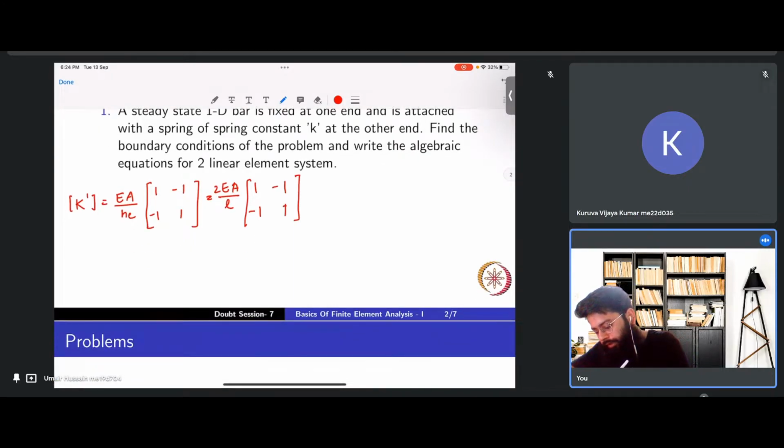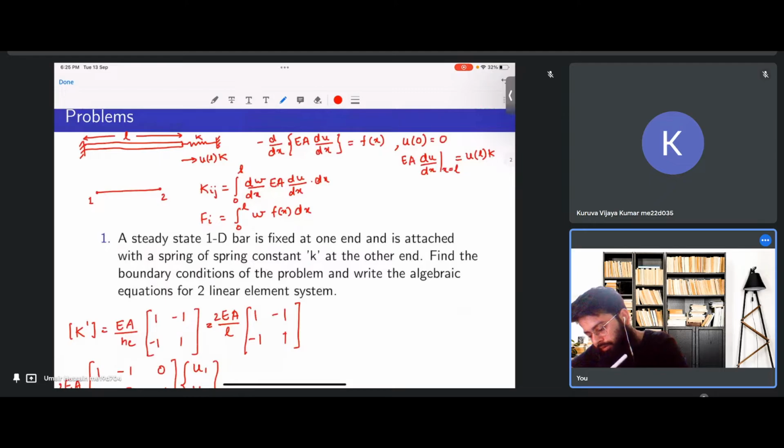So if we combine them, EA by L is common, [1 -1; -1 1], and this will be 2, 1 plus 1, 2. Okay. And this should be multiplied by the displacement at each node. Let's correct this.